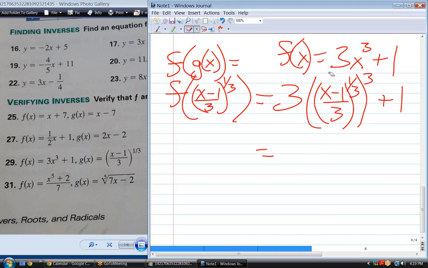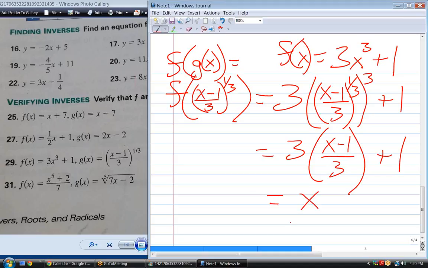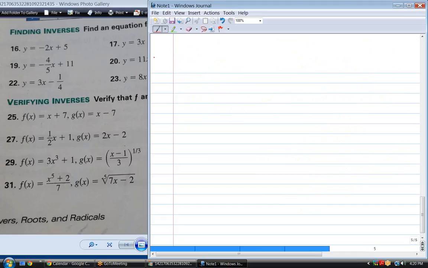But I can work from the outside parentheses just fine, by multiplying the 3 times the 1/3. Clearly that's the way to go, because 3 times the 1/3 is 1, so I end up with x. Instead of doing the other half, which you may not even have to do, let's do 31.